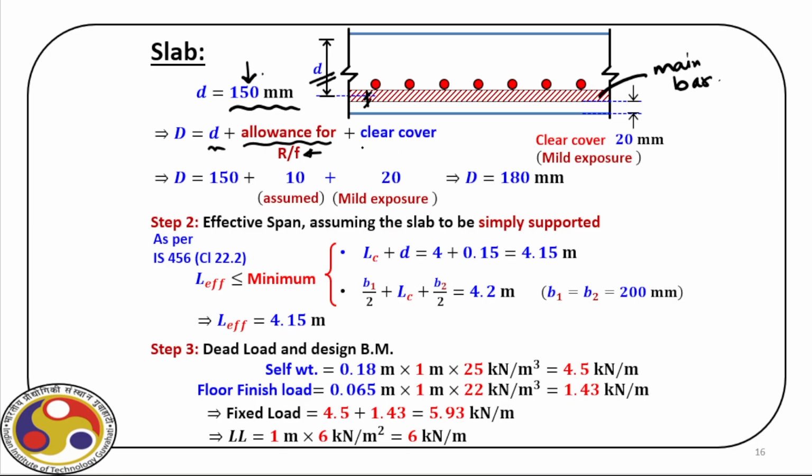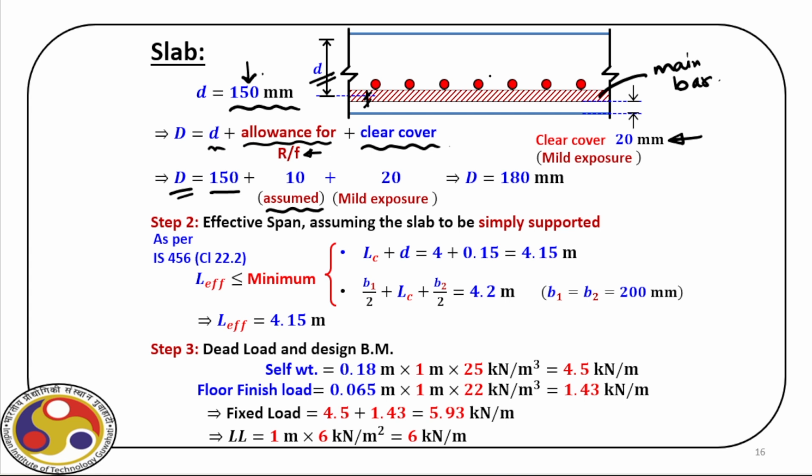Then we have to add the clear cover. Remember, we have mild exposure. For that, clear cover is 20 millimeter. So the total depth is 150, that is the small d that we provide along the predominant direction, plus we add 10, which is assumed for the time being, which is half the diameter of the bar.